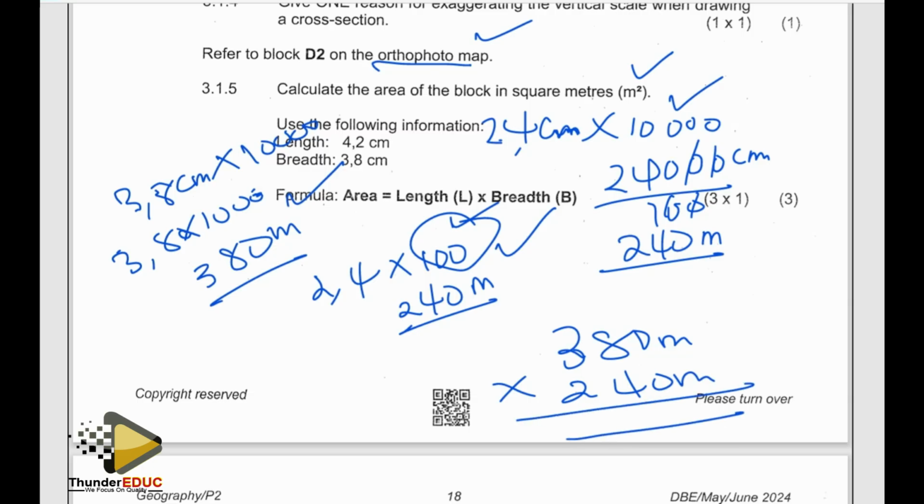Whatever result you get there is the area for that particular block indicated. So you need to make sure that you convert using the right scale, number one, and number two, you do the accurate conversions, so that when you are multiplying, you have your breadth in meters and your length in meters, and you get your area in square meters for the given map section. Right.